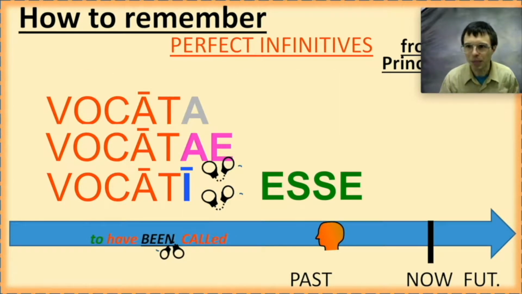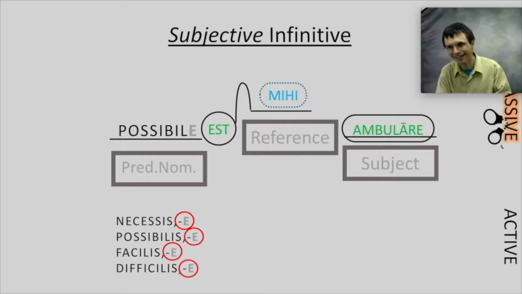Translation, to have been called. Been down there will always be a sign of passive voice unless the verb is to be. In that case, to have been will be active. In fact, you can't even make a passive of the verb to be. It would be to have been been. Oh, that would be great.